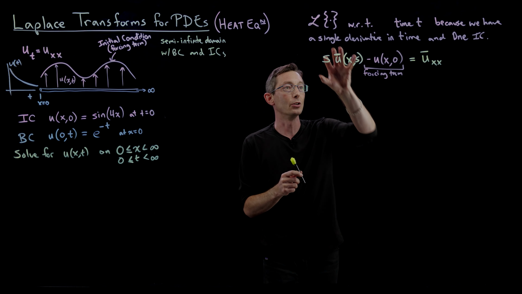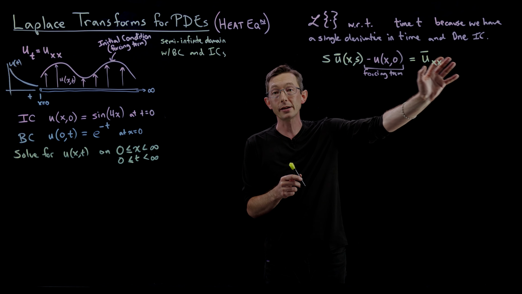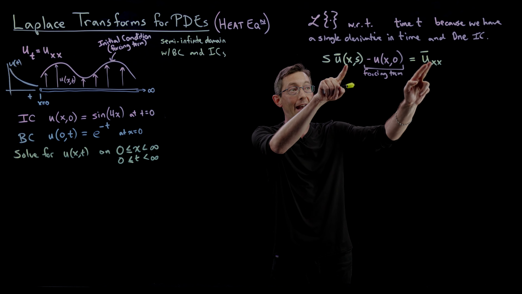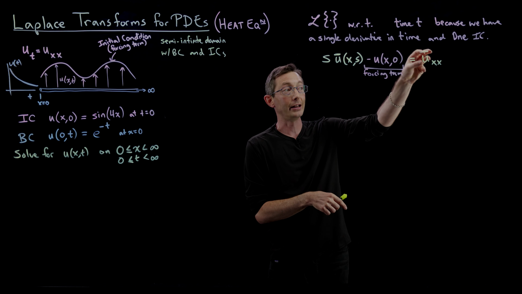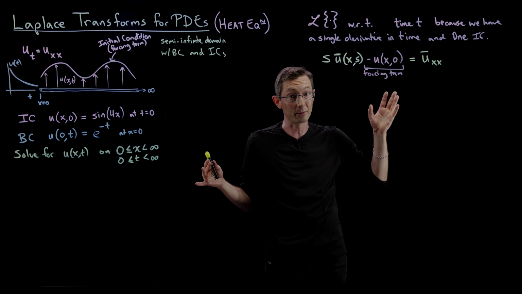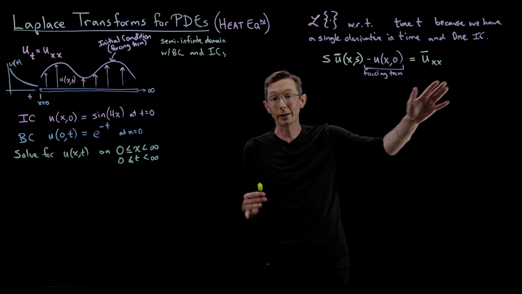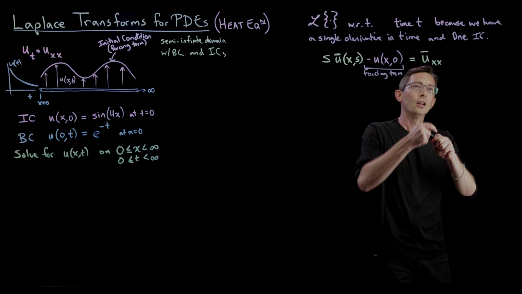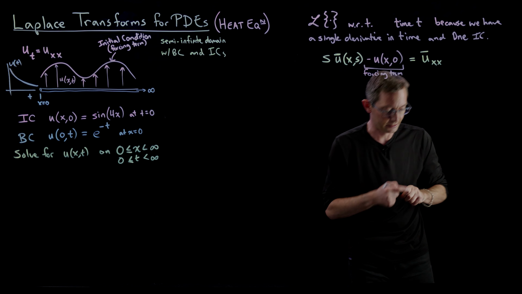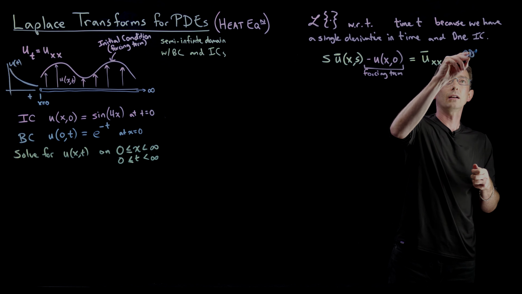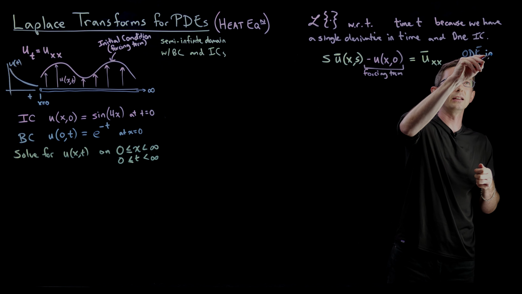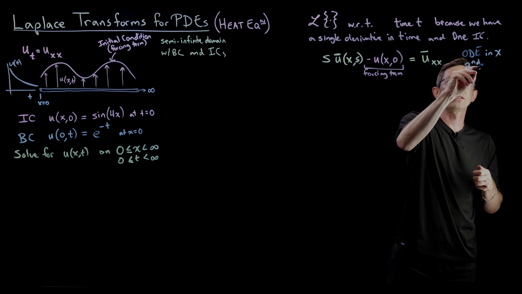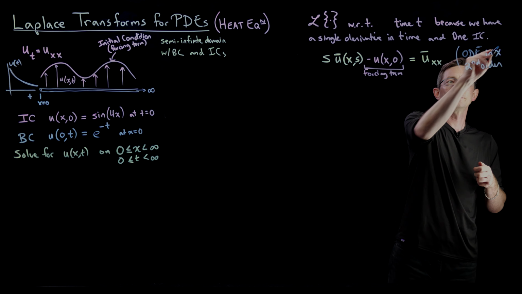But in doing so, now this is an ordinary differential equation in x. I have u bar and its derivatives in x, but no other partial derivatives. So this is an ODE in x that I can solve, and it's second order.